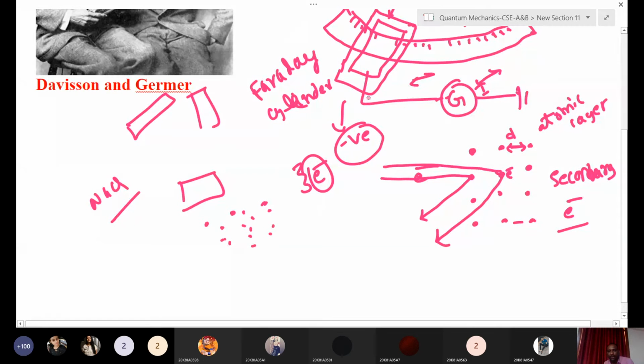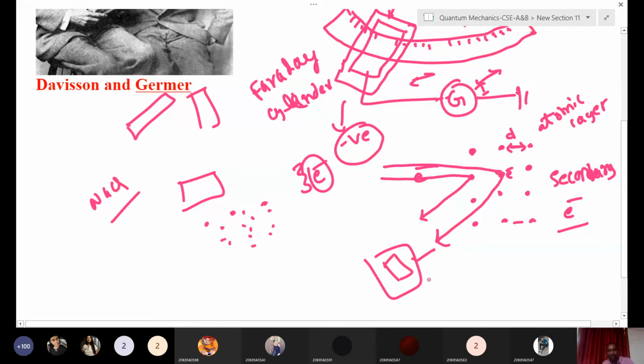That's why we always apply a negative potential, so that only fast moving, high energy electrons from the electron gun reach the Faraday cylinder. We are not collecting secondary electrons.